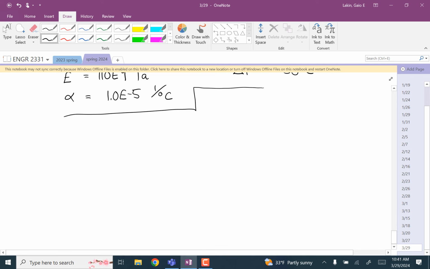Okay, so we'll start with the statics again. And the statics look exactly the same as they did before. We have an RA here, 20,000, RB.